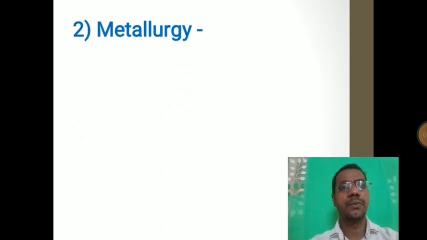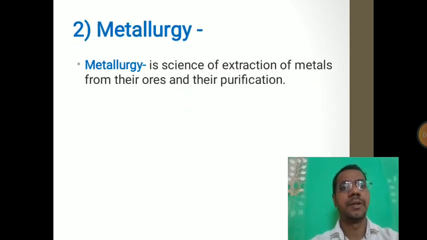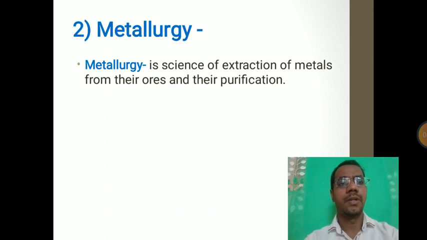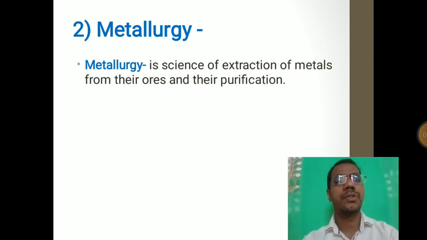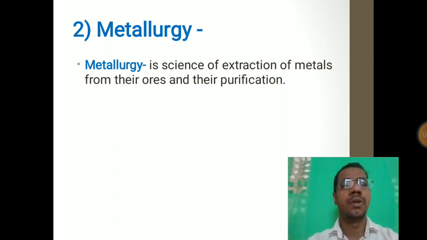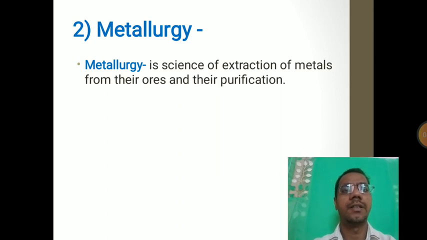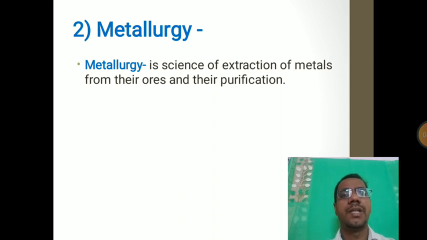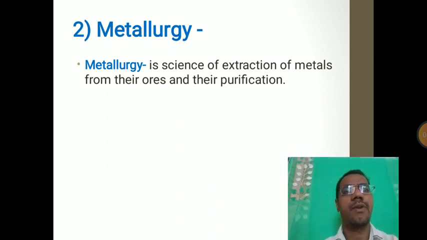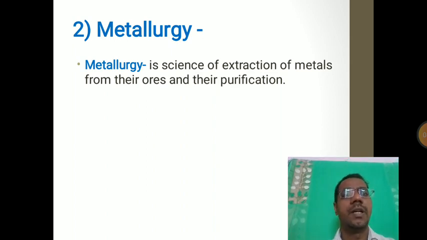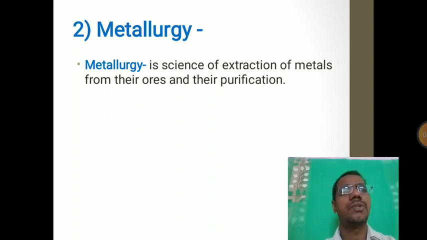Next point we have is metallurgy. We have different terms. Before starting the topic we must know what the different terms present in the topic are. Metallurgy. What is metallurgy? It is the science of extraction of metals from their ores and their purification. What is meant by extraction of metal?